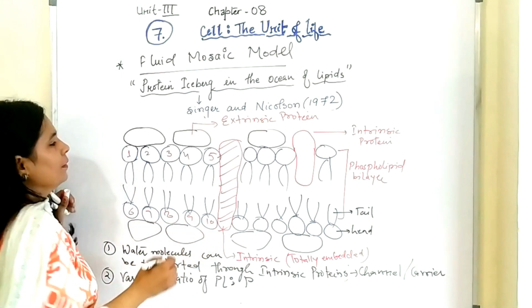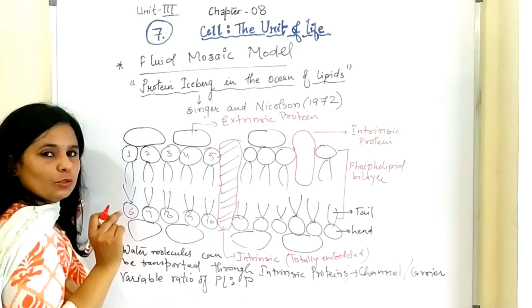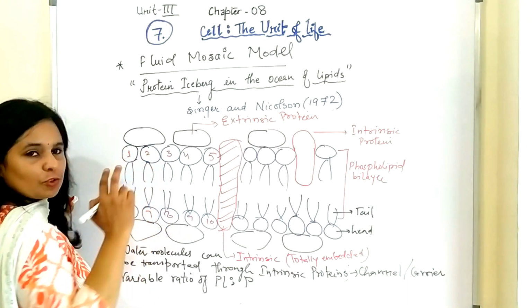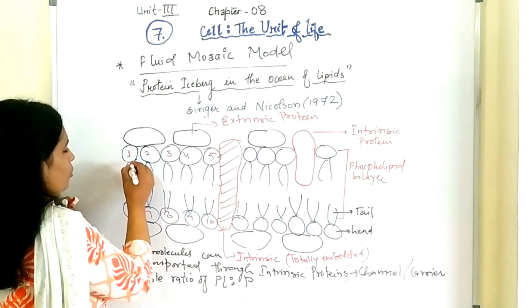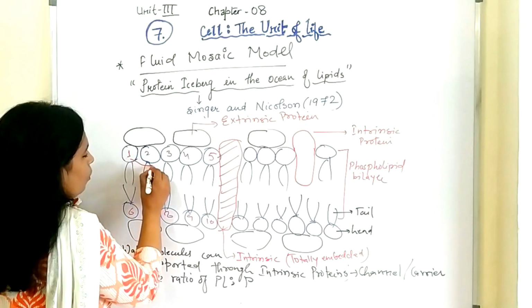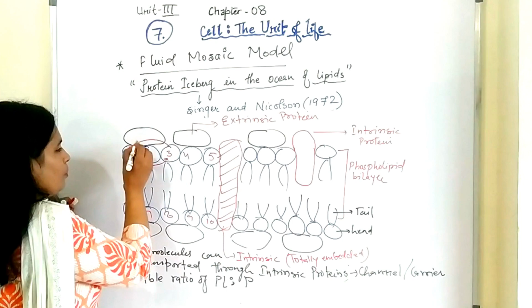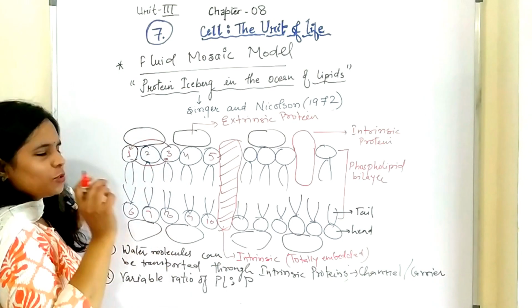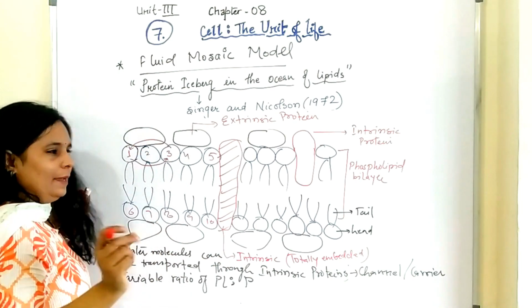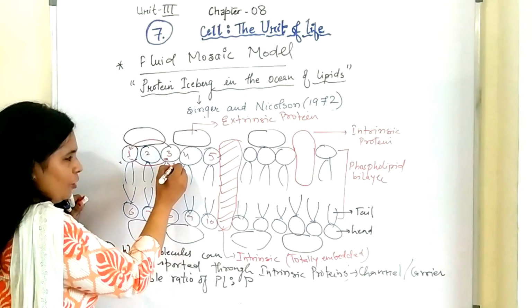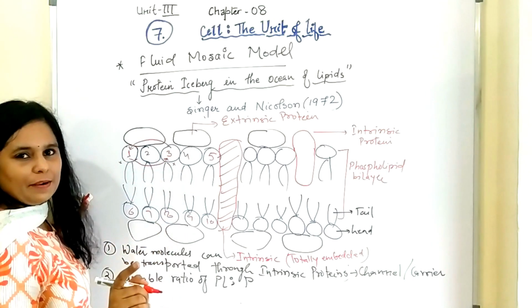As you know that the protein and lipid can show the movement in the membrane, and phospholipid shows two type of movement. Suppose number 1 will go to number 3 and number 3 will come to the position of number 1. So at one point of time there will be no phospholipid here and here also there will be no phospholipid.